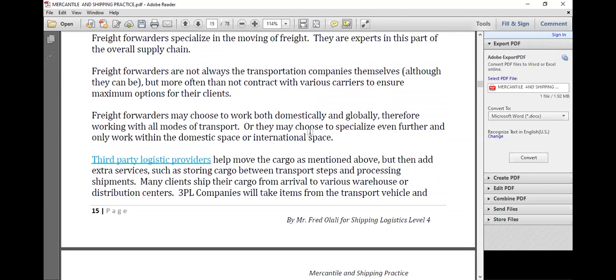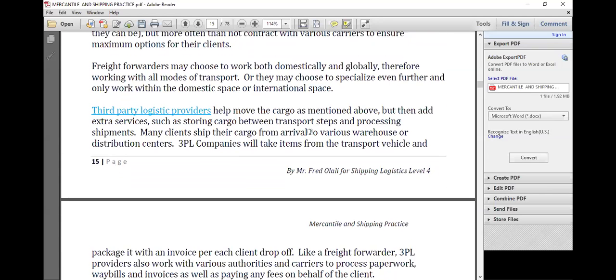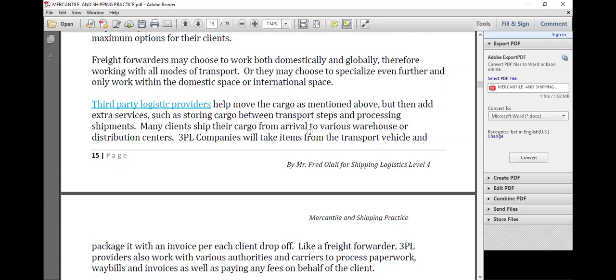Now, the 3PL providers help move the cargo, as mentioned earlier, but then they add extra services, such as they can store these cargoes between the transport steps and process shipments.